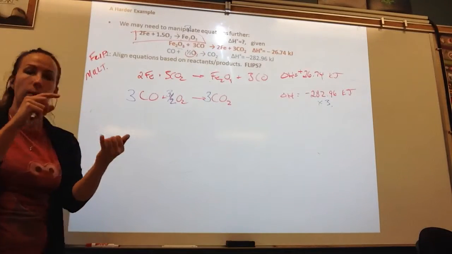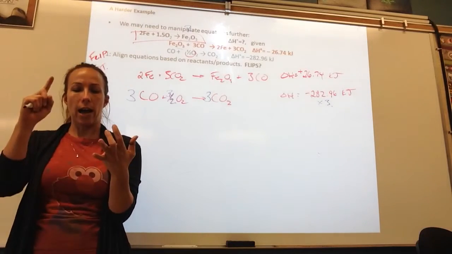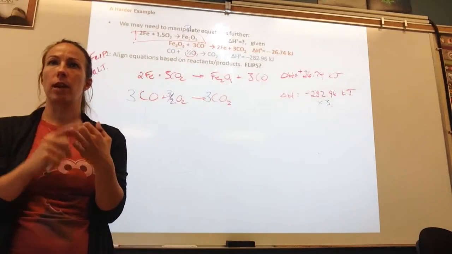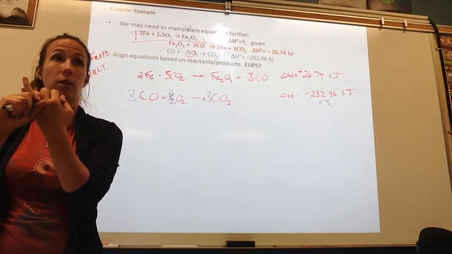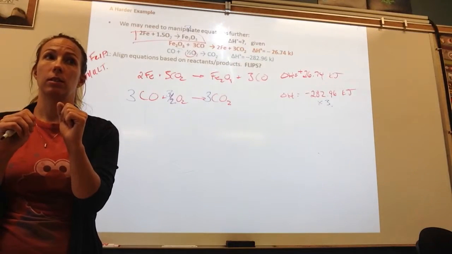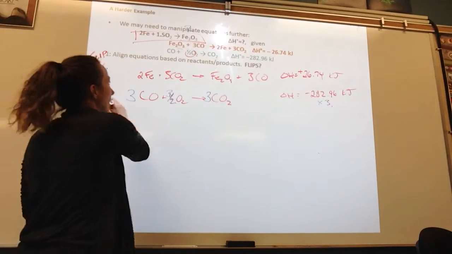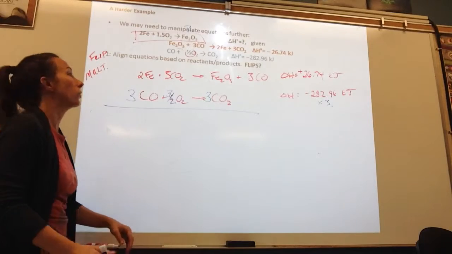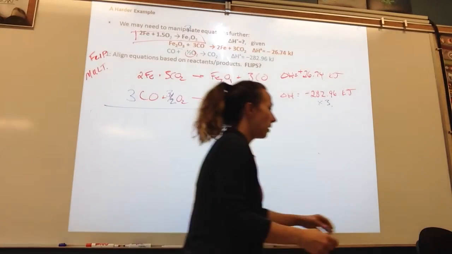Now, I have flipped everything so that it's on the correct side. I have multiplied everything so that I have the right amount. Now, I should be done. To double check to make sure I've done it correctly, I then do the algebra. I'm hoping you can see by now, but maybe you can't.